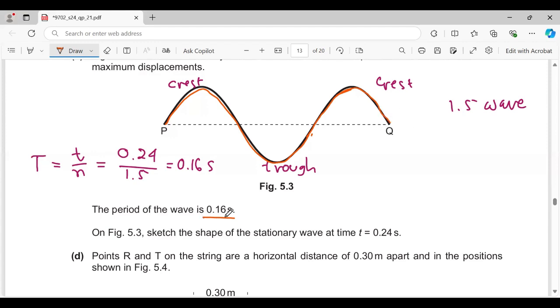Even if the time is 0.16, we will have the same wave as at time 0.25 second.